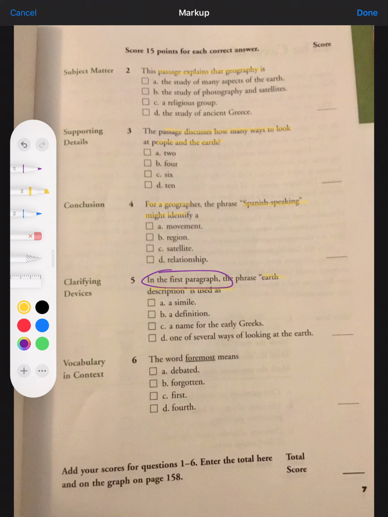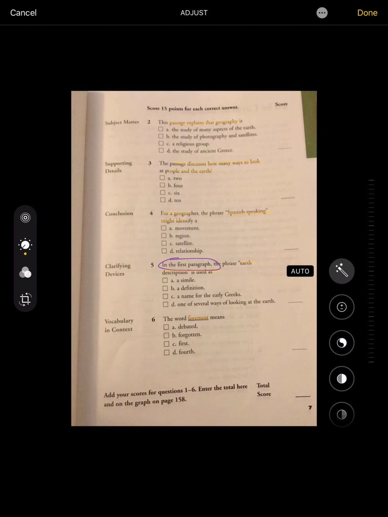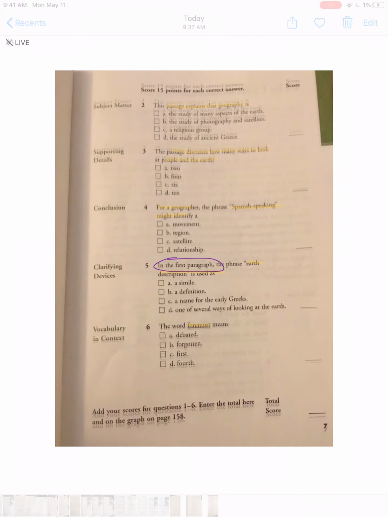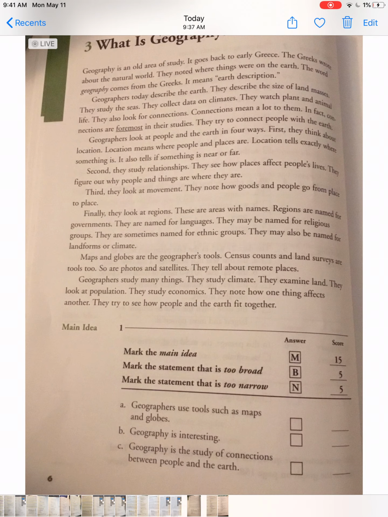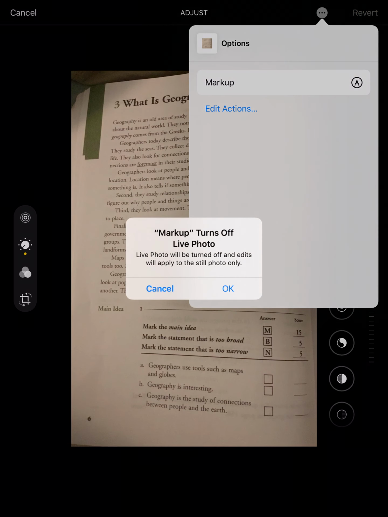And number 6, the word foremost means debated, forgotten, first, or fourth. So we will click done there, and we will scoot over to the passage and choose the markup.